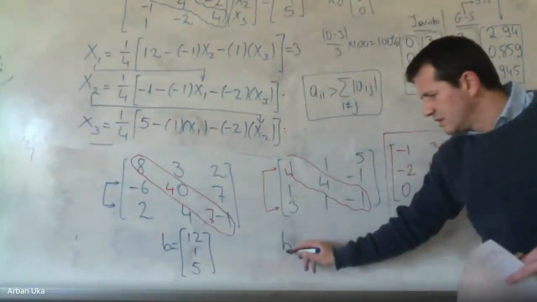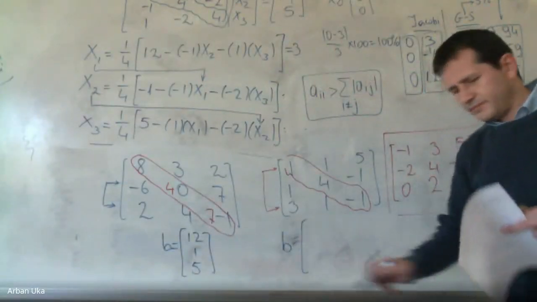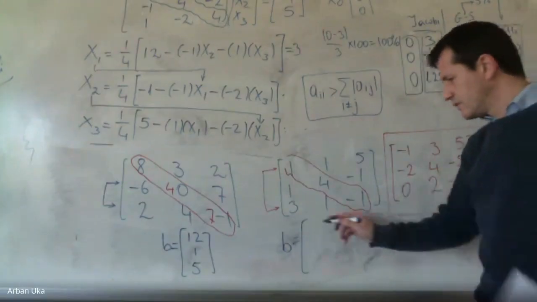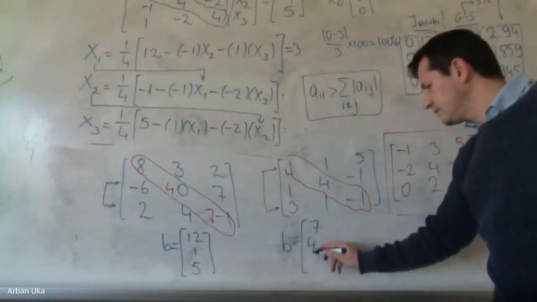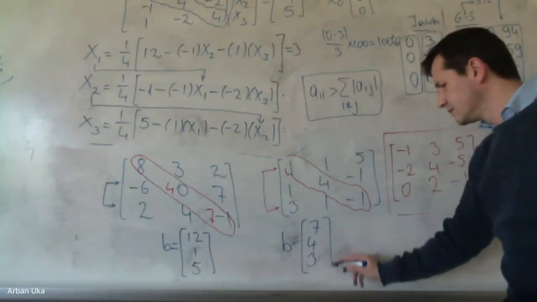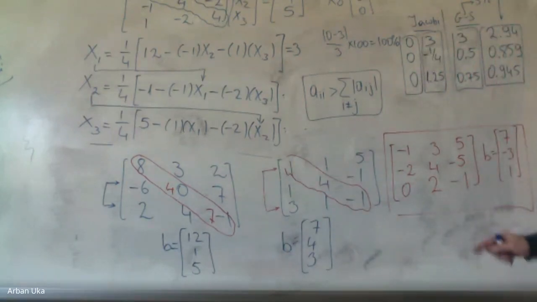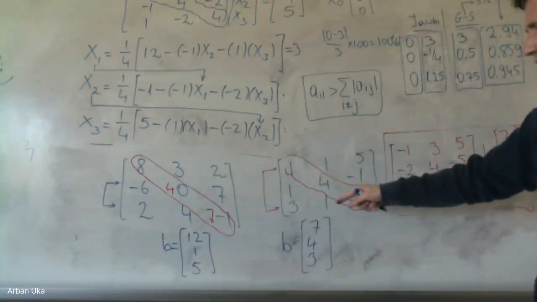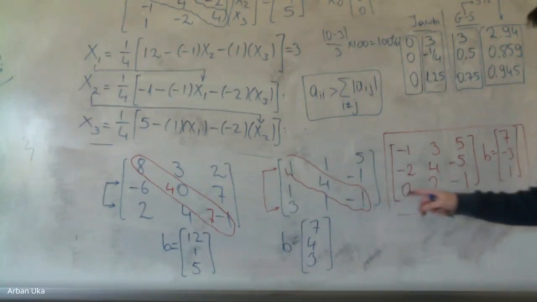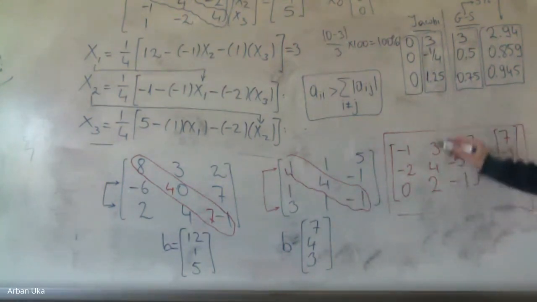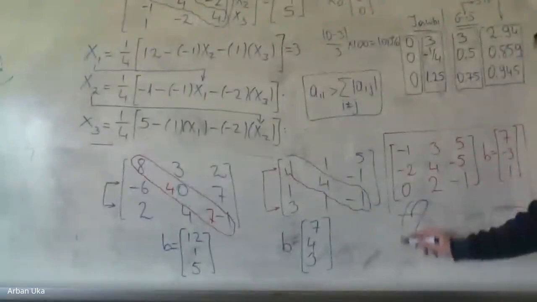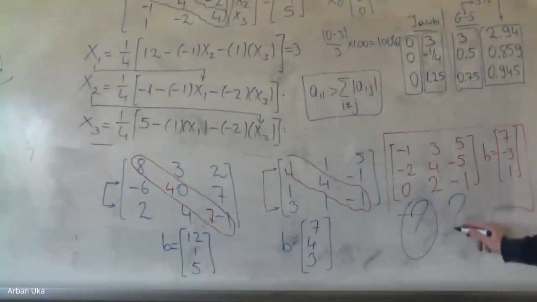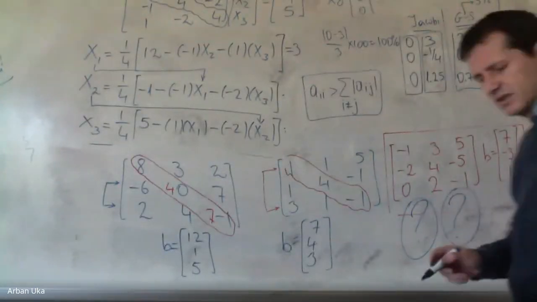Here, the B is equal to... and please have a look, and this is the third system. See how they converge. In this case, we assume that they do converge, and check whether the system converges at all. So you can do any change of matrices, but check this one.